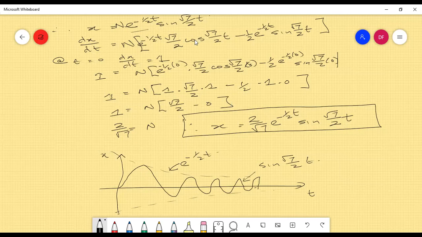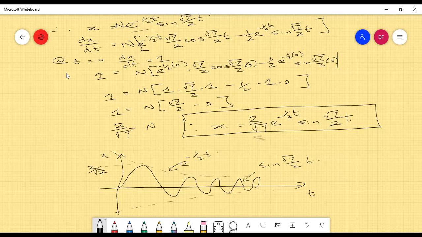So our solution is going to be that. I just wanted to point out that the amplitude, the maximum value, would be the 2 over 7, and it will decay with time. So that is the solution for the homogeneous equation.